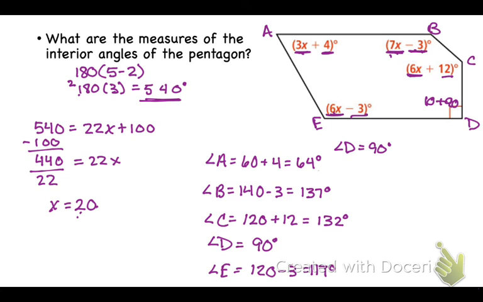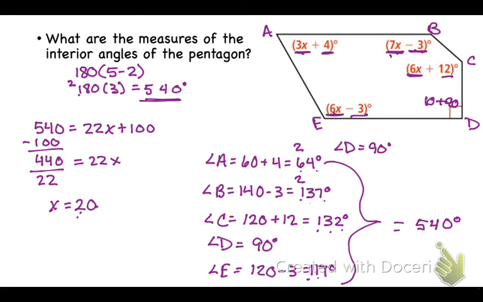So we have 4 plus 7 is 11, plus 3 is 14, plus 7 is 21. Adding all the angles together, carrying as we go, we get 5 in the hundreds place. So do they all equal 540? Yes.